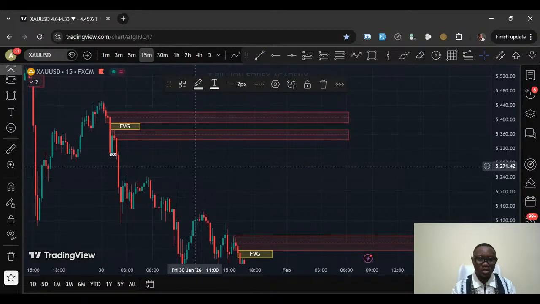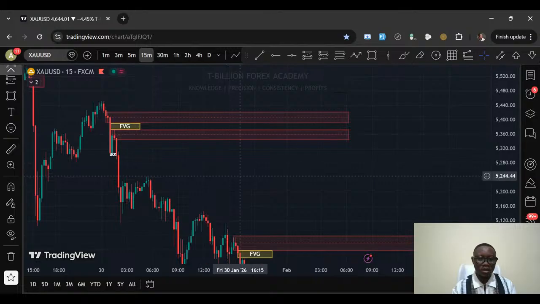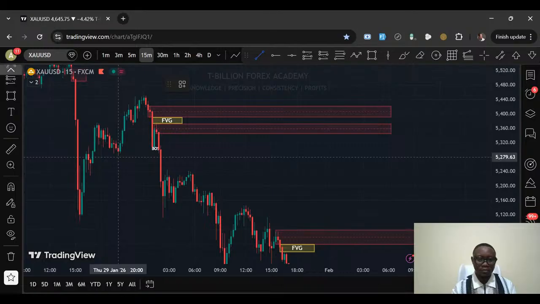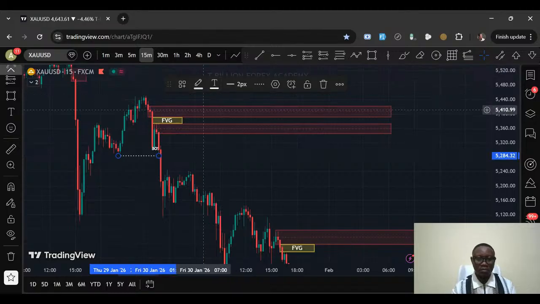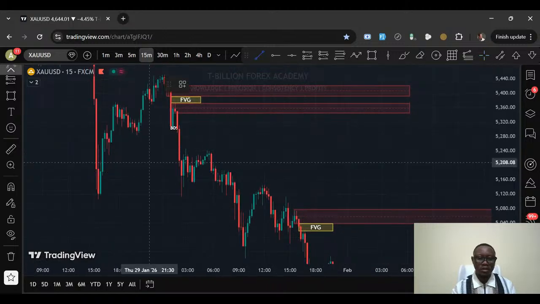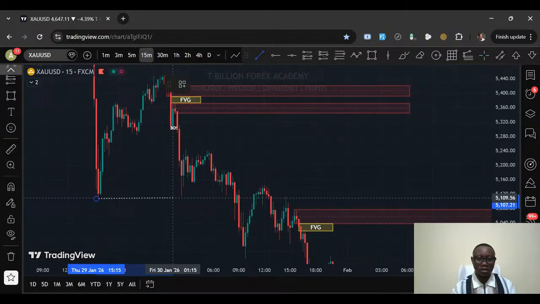You already know the process. So these are BOS. Then let me pay close attention to this, or rather mark this BOS right here.